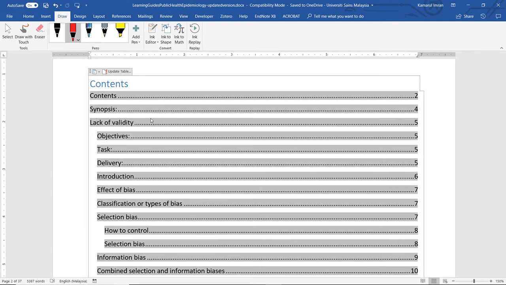In previous years, these two topics were separated into two different lectures, but this year the two topics are combined into one lecture. So let's go.